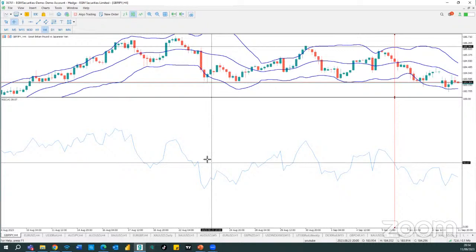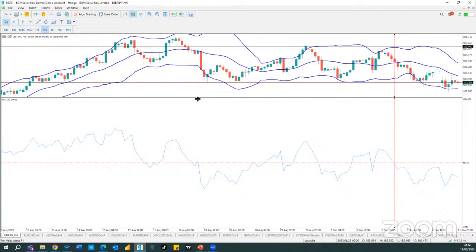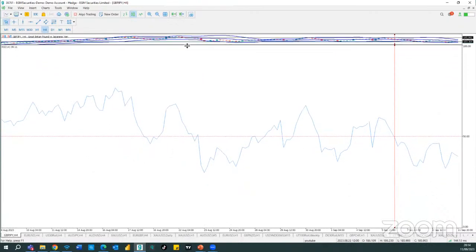And we want to observe that from a higher time frame. So in this case, I'm going to ignore the upper part, which is the chart area, and focus on the relative strength index.